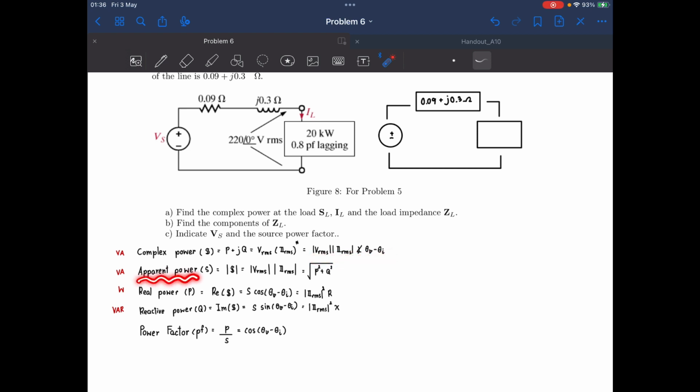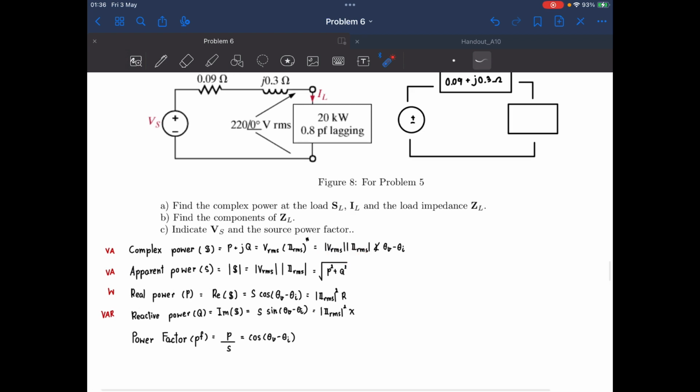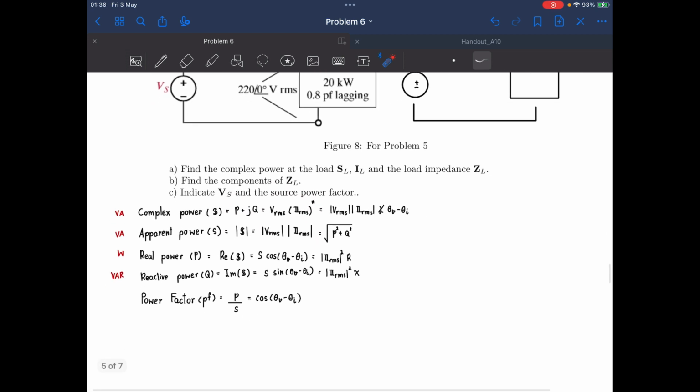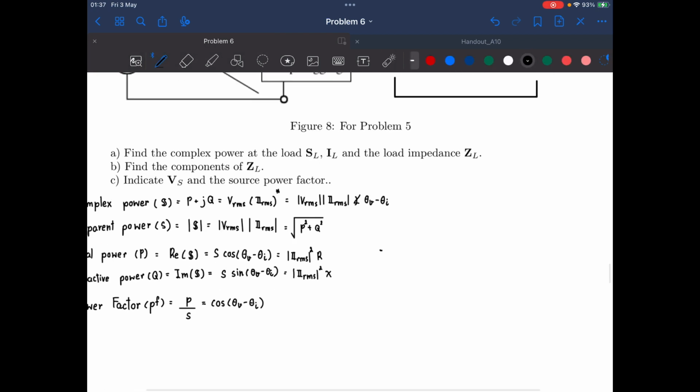The apparent power is the magnitude of the complex power. You can see that it is this term here, or you can use the Pythagoras theorem to calculate the apparent power. The real power comes from the S is equal to P plus jQ.